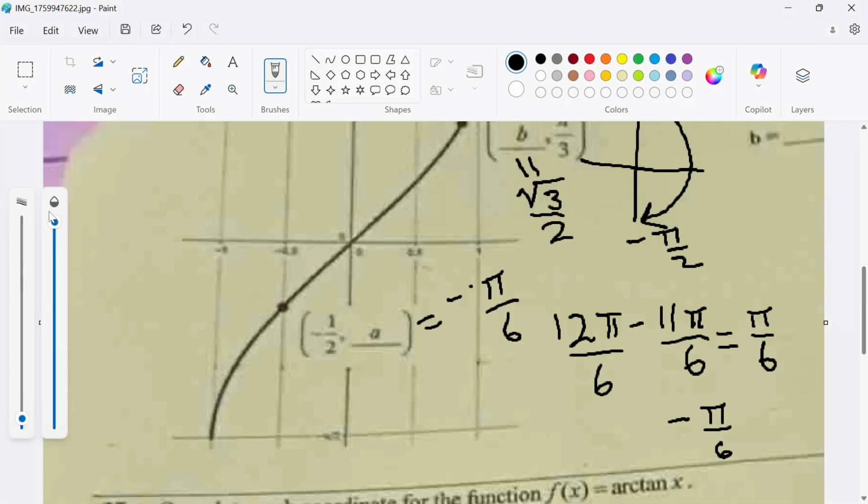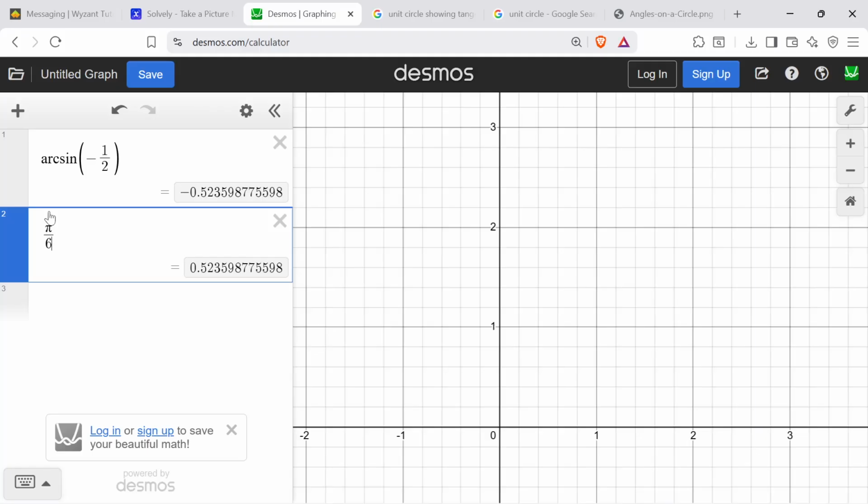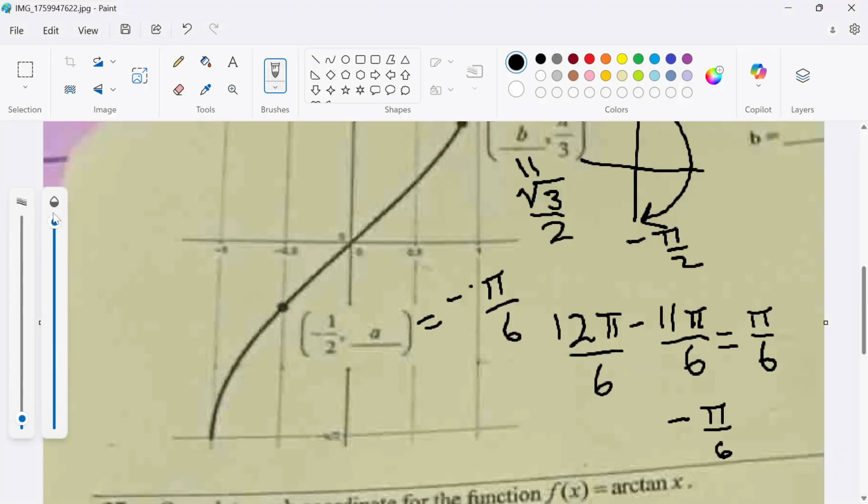So that is correct. Arcsine of negative 1/2 is negative 0.52, which is negative pi over 6. So A is negative pi over 6.